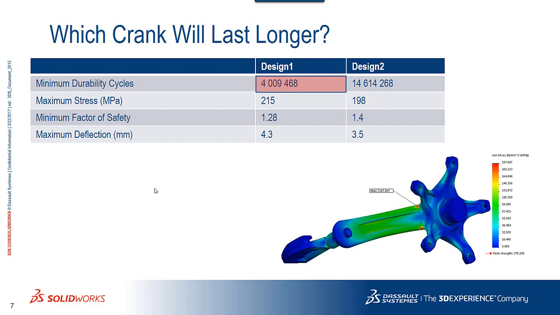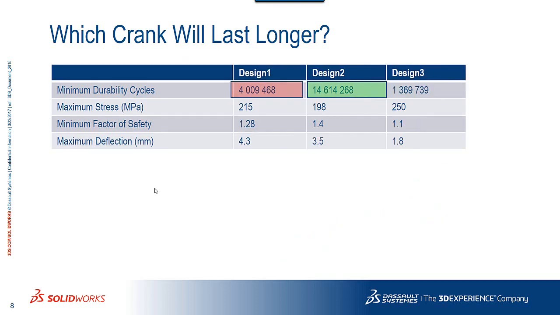Design 2, good improvement, life of 14 million. Design 3, 13 million, but it has its own hurdle in the form of factor of safety and stresses.